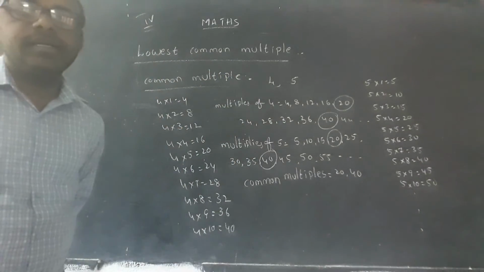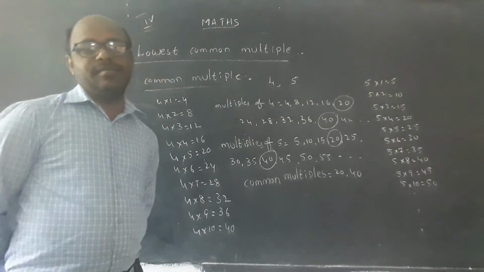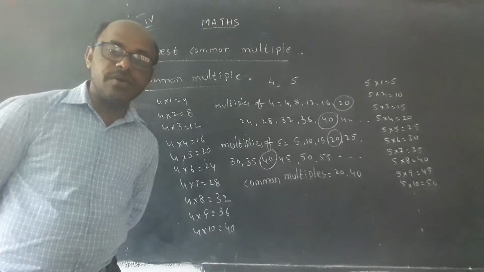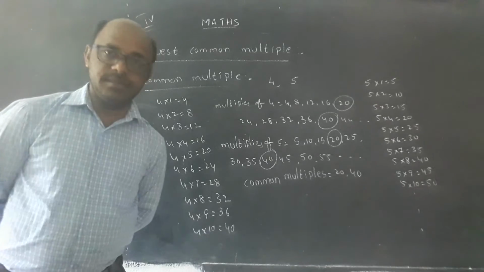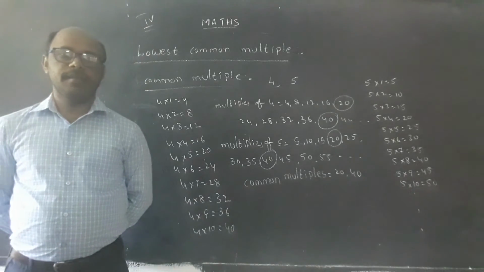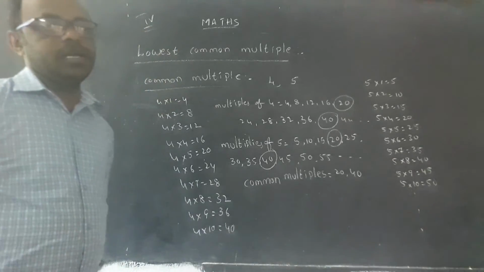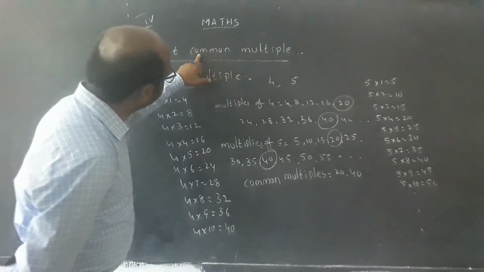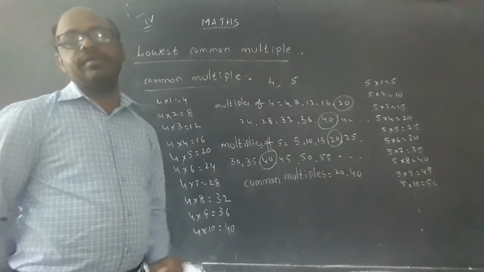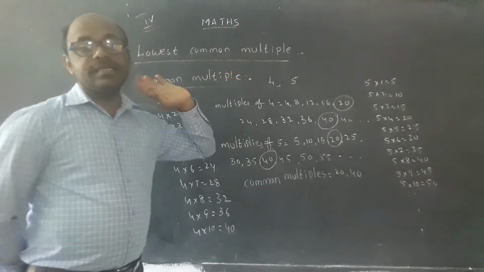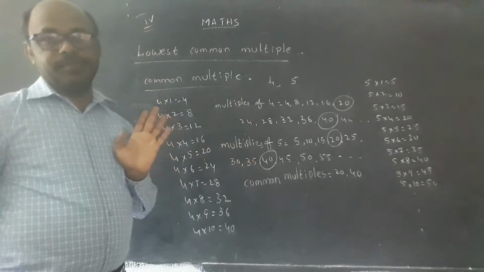Next, it will be the lowest common multiple. Where do we have to look for the lowest common multiple? We have to go only to the common multiples. Multiples we saw in the multiples, common multiples we saw in the multiples.